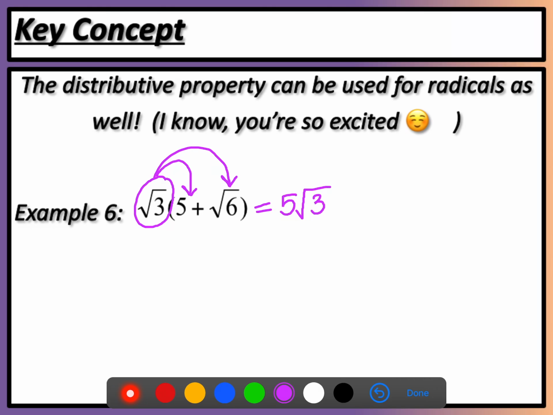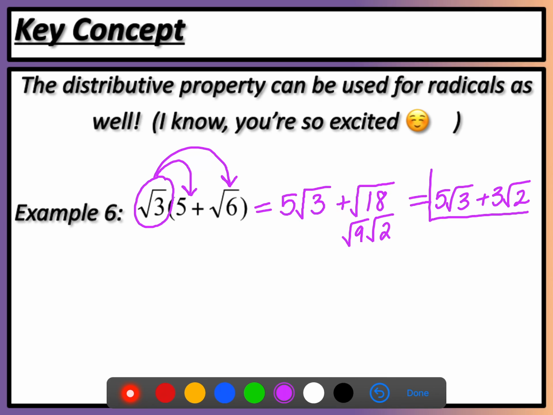But 6 and 3 are both inside, so that becomes square root of 18. The square root of 18 can be split up into 9 and 2. So we're looking at 5 root 3 plus 3 root 2. Even though these are not like terms that can be added together, you do have to break down the 18 to make sure your answer is fully simplified.